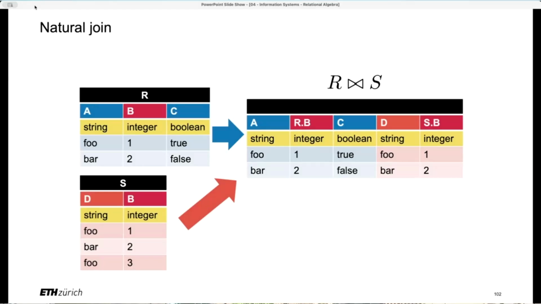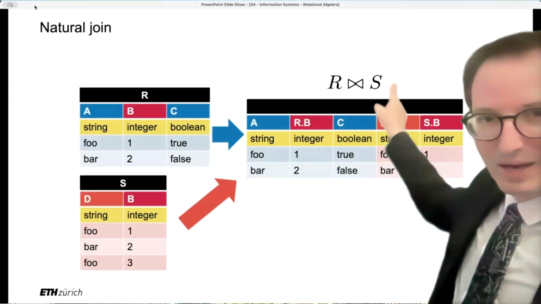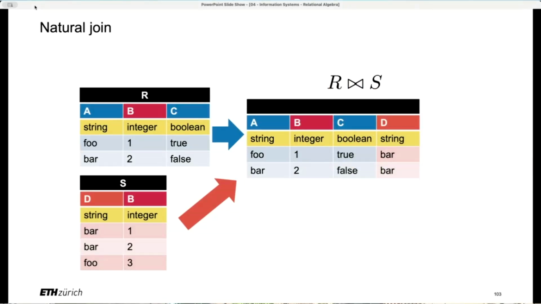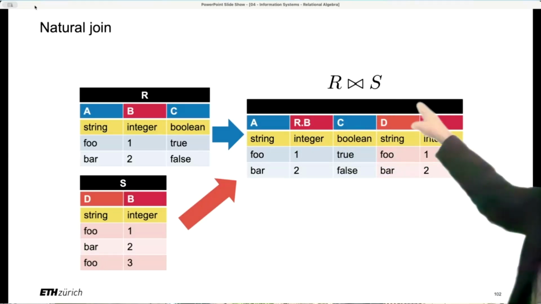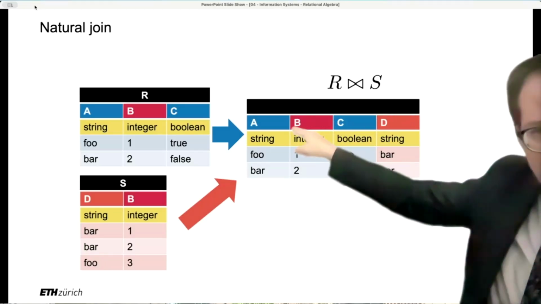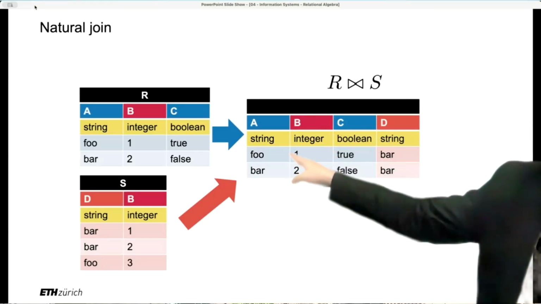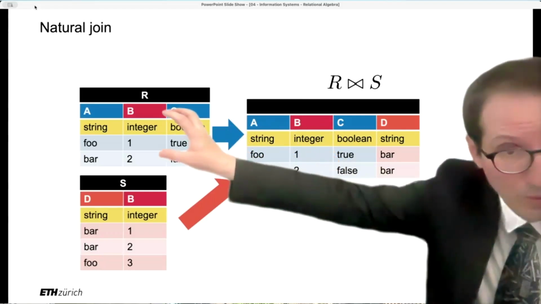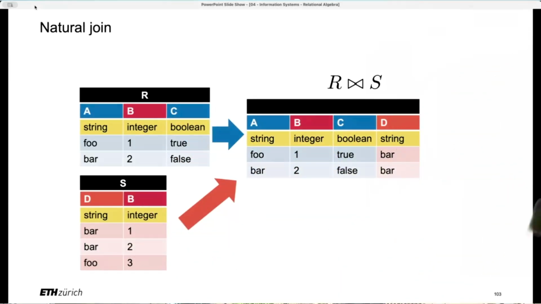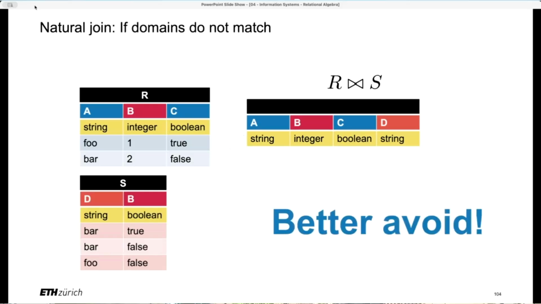Okay, so we call it R join S. And by the way, that's internal, the R.B, S.B. Actually, what we do then is we combine them because they're the same anyway, so we only keep one single B in the output. It's the same B that comes from here and from there. So this here is the result of R join S. Who is with me?